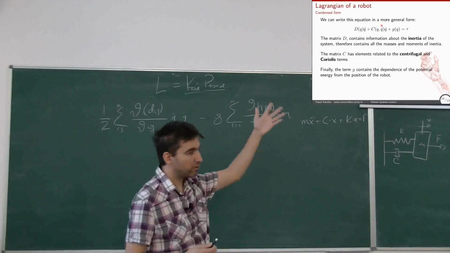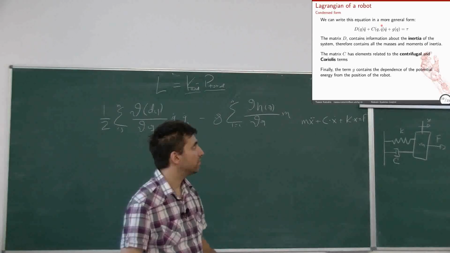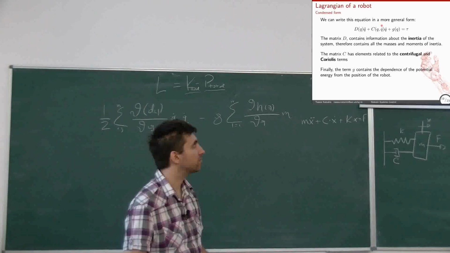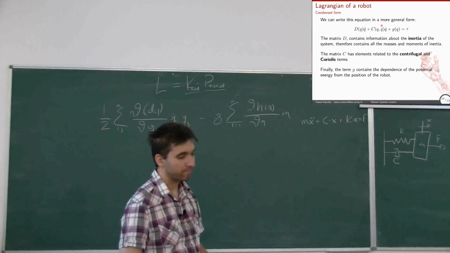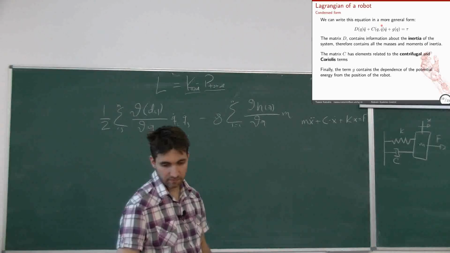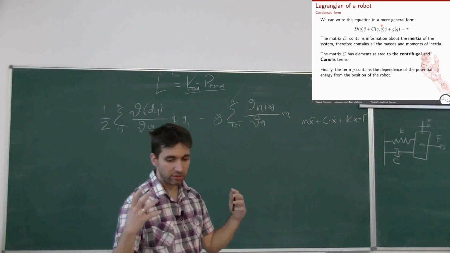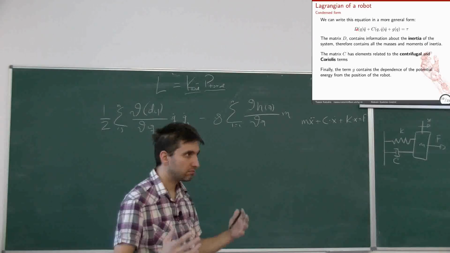So that's why you also use the letter G. It has to show how gravity affects the dynamics of our system. This is so you get a bit of a feeling and intuition about what these terms actually do.